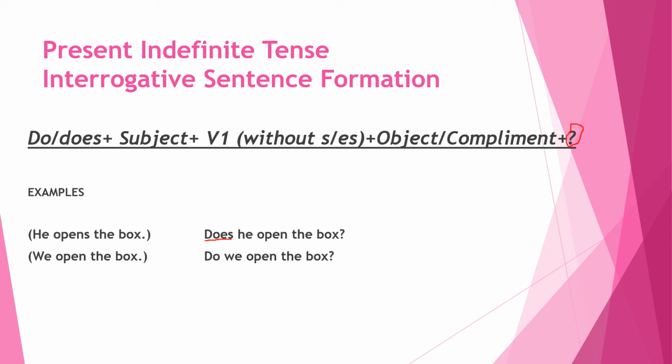So we open the box becomes do we open the box, right? So I hope you have understood the whole concept of how you should convert the given affirmative sentence of the present indefinite tense into its negative and interrogative form, right?